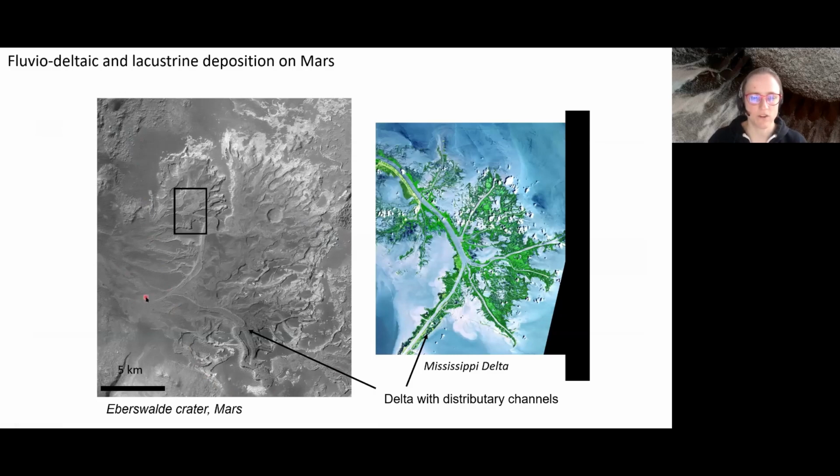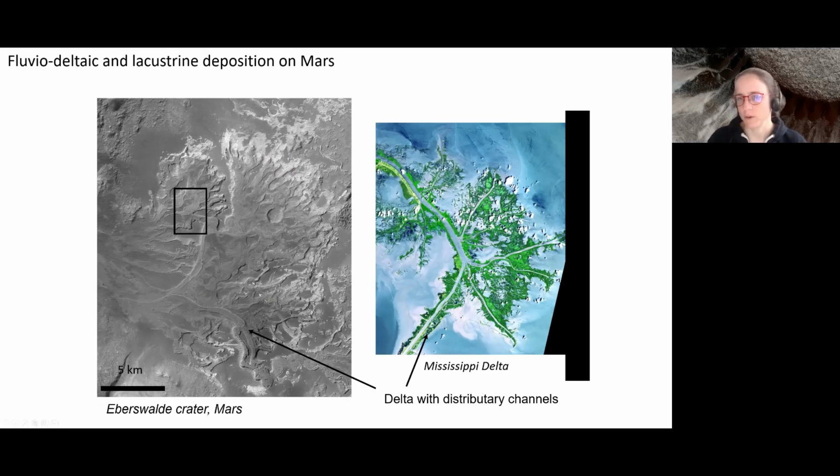You can see these series of distributary channels, channels that go away from the apex, and a huge number of lobes, and within each of the lobes you can see layers and layers of sediment stacked up. This is very similar to delta systems on Earth.